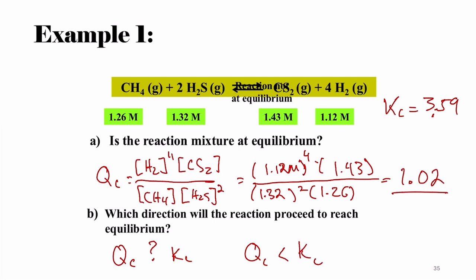Right, so if QC is less than KC, the reaction is going to shift which way? To the products, right? Because we're saying that we have too much reactants relative to the products, which means we need to shift towards the products to balance out the ratio. So we're going to shift right.